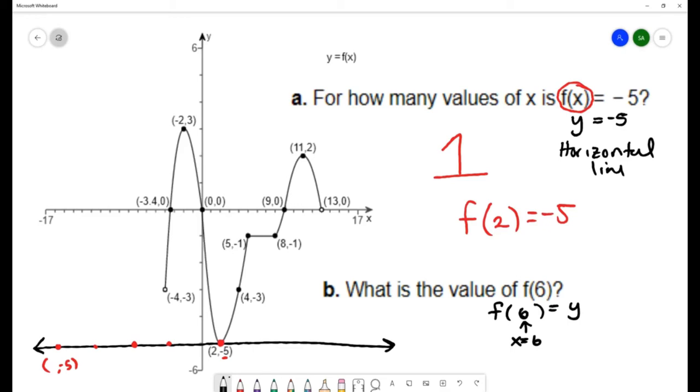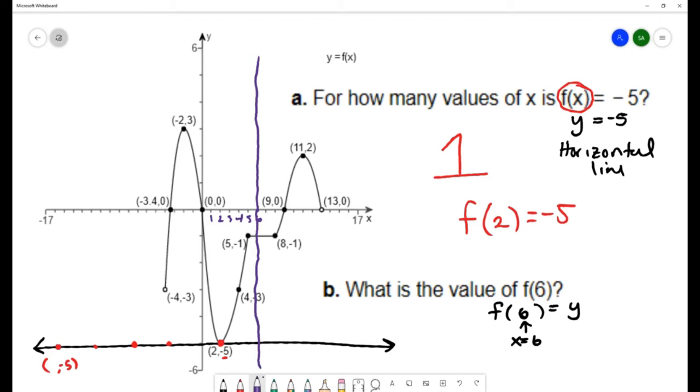So I'm going to draw this time a vertical line at x equals 6. So 1, 2, 3, 4, 5, 6. Here's 6. I'm going to draw a vertical line at 6.